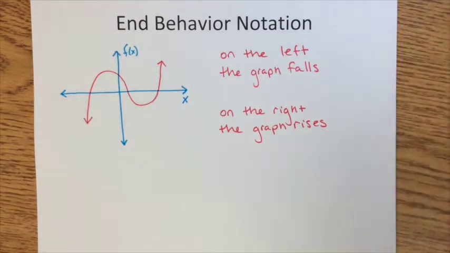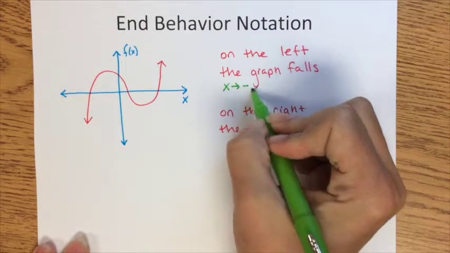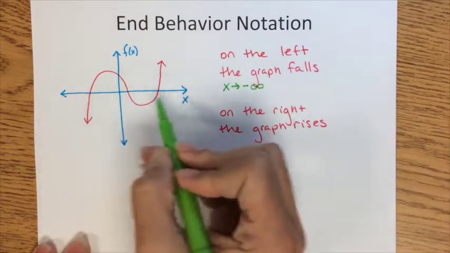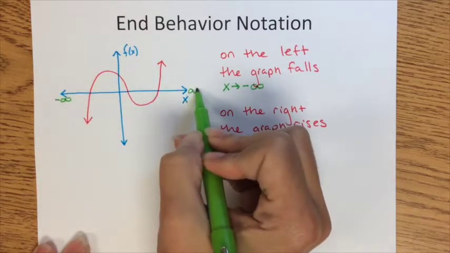So that's the English description of this end behavior. Now let's use mathematical terminology to describe that. What we're going to say is, as x goes towards negative infinity, and that means on the left, because here's my x-axis, here's negative infinity, here's positive infinity.